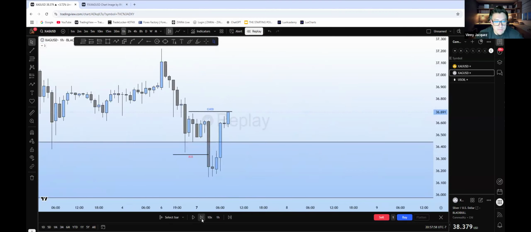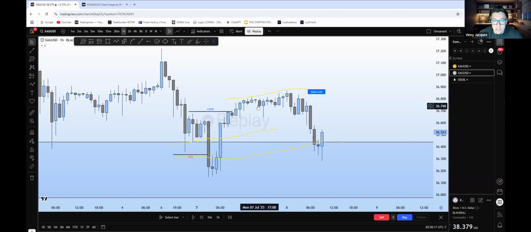As soon as we get this change of direction, what happens? What starts to happen here, guys? Consolidation. Liquidity is being built up. They're giving us incentive to go higher.